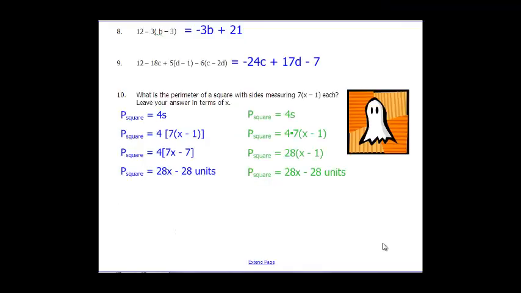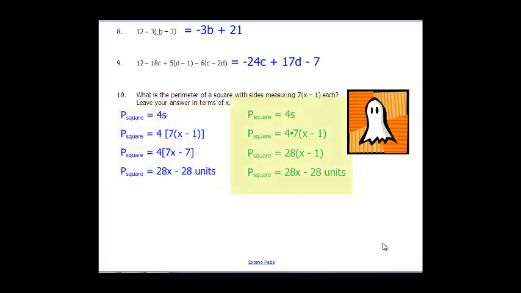In number 10, I've done it two different ways, so let's compare the process. The first method, I took the perimeter of a square is equal to 4 times the length of the side, and I just plugged in the 7 times the quantity x minus 1. I then used order of operations to get 7x minus 7, multiplied that by 4, and got 28x minus 28 units.